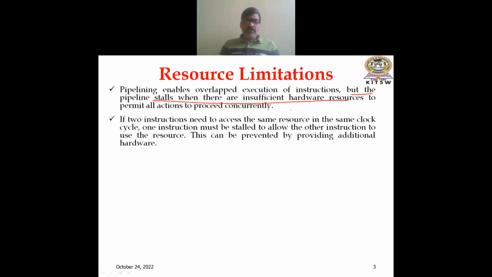For example, if we have two instructions, each needs to access the same resource in the same clock cycle. Ultimately, one instruction must be stalled so that the other instruction can utilize that resource. This can be prevented by providing additional resources.